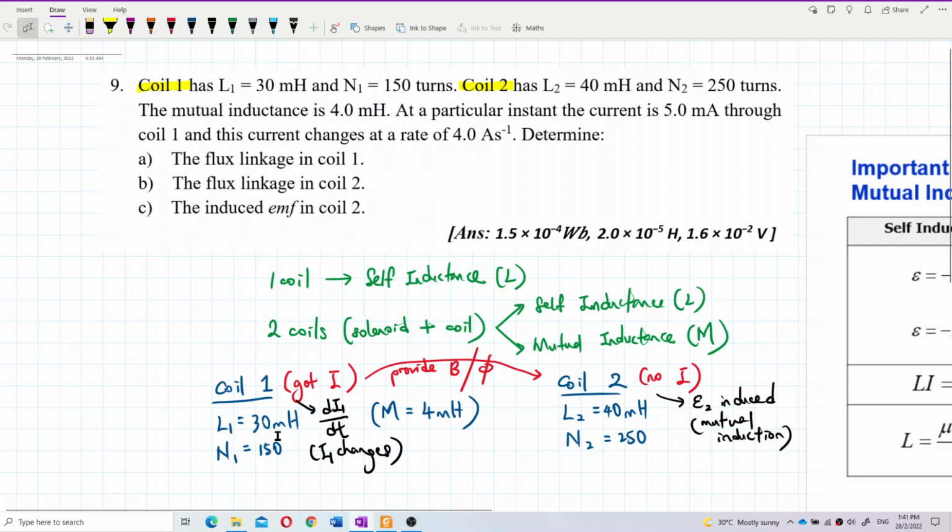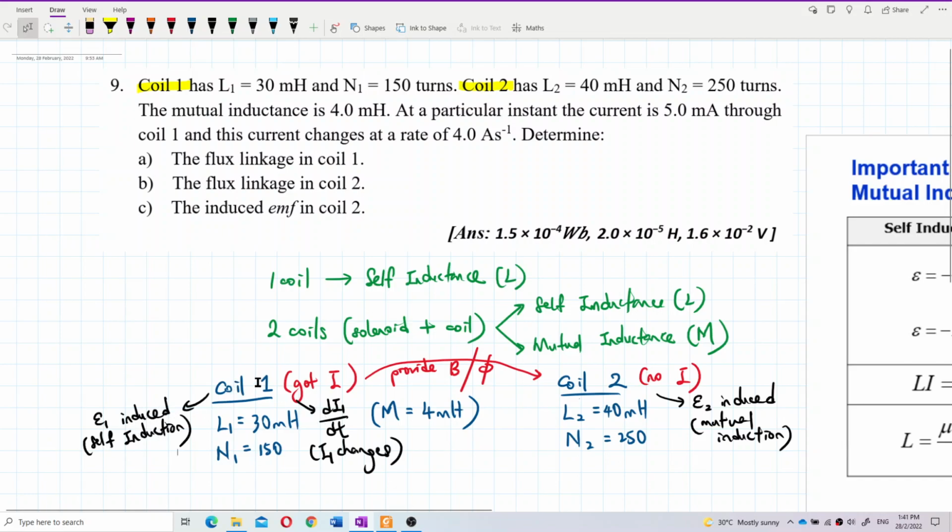Anyway, coil 1 also will produce self-induction. Coil 1 also will have an EMF induced, E1, but this one is through self-induction, using L. Why?